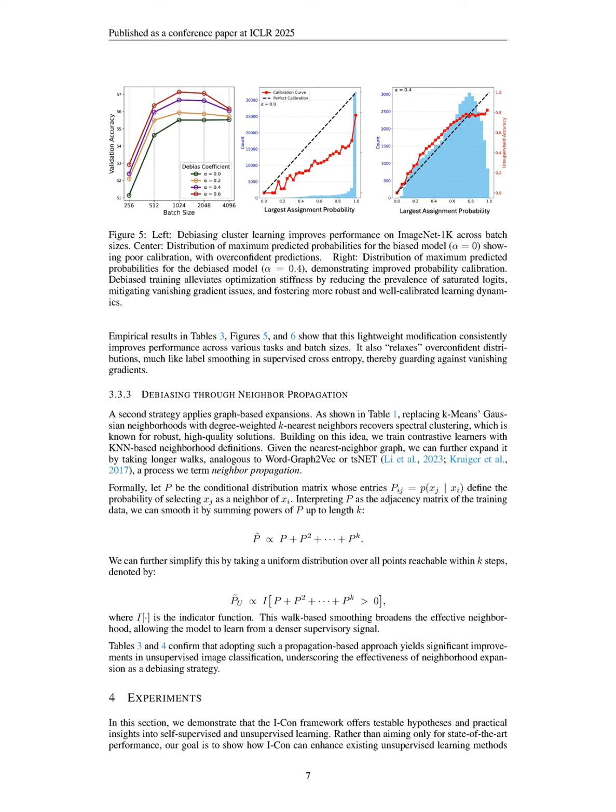The primary metric was Hungarian accuracy, which measures the quality of cluster assignments by finding the optimal alignment between predicted clusters and ground truth labels using the Hungarian algorithm.